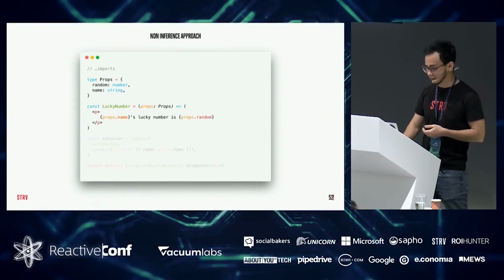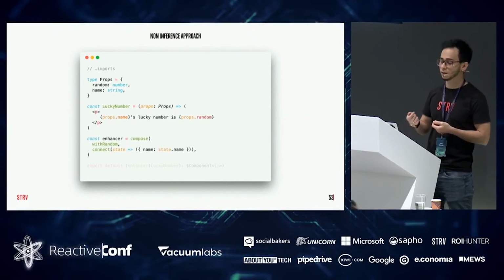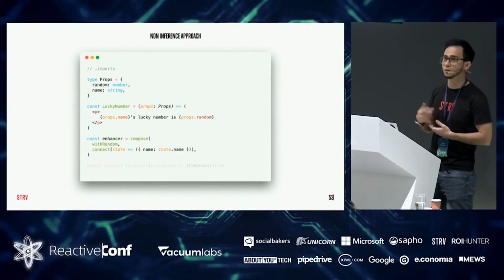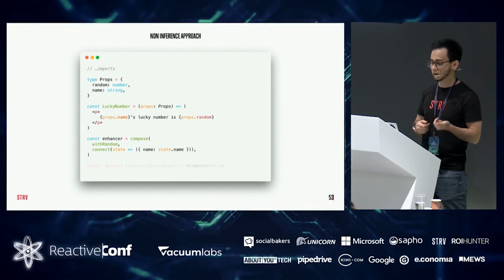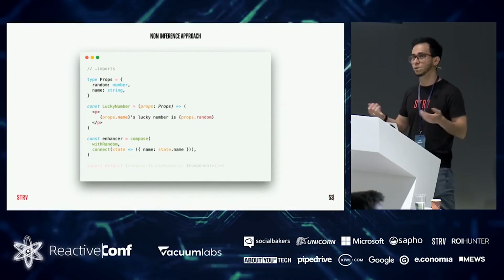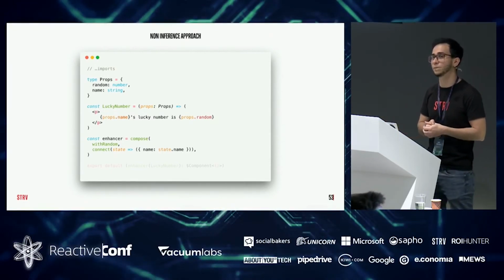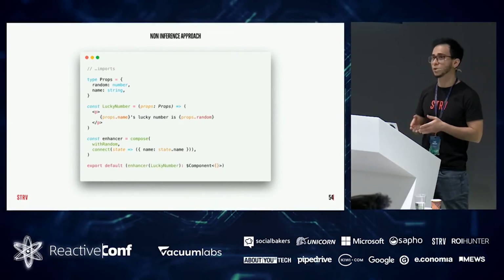Now, all good here, but we're going to use higher order components, and these props are going to be provided by two HOCs. We will use withRandom, which will provide the random property, and mapStateToProps from Redux, which will provide the name. And now we want to enhance it and return.